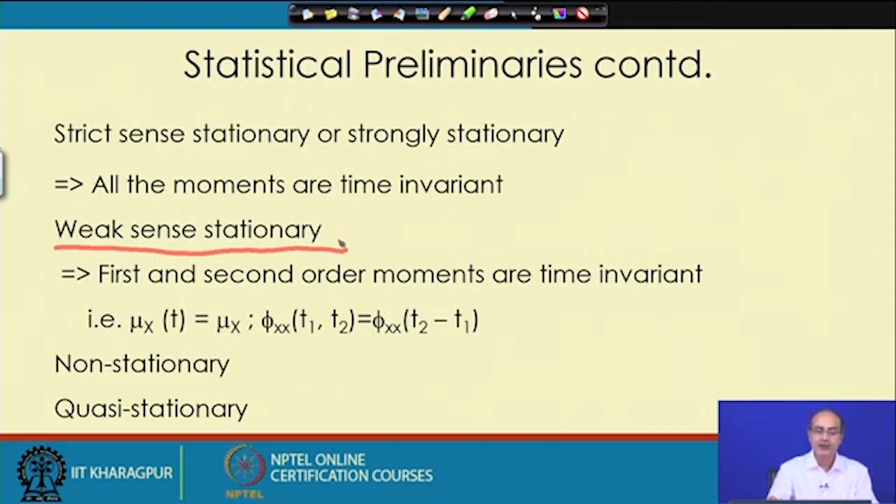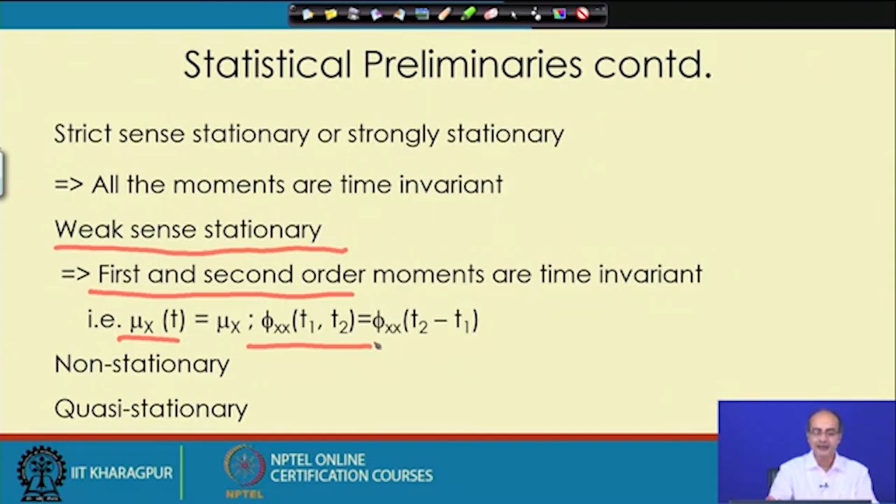In this case, instead of all the moments, only the first two moments are taken, that is the first order and the second order moments. That means, the mean of the signal and the variance of the signal. If they remain same, then we can tell this signal is weak sense stationary.